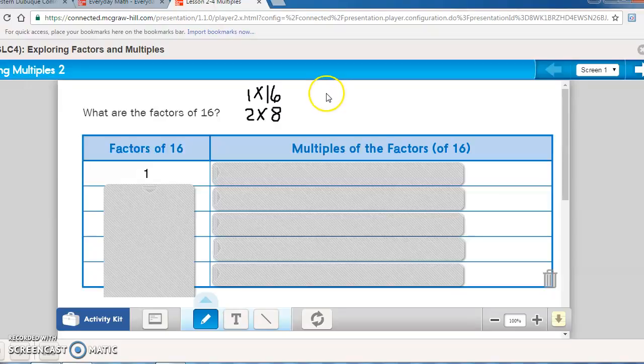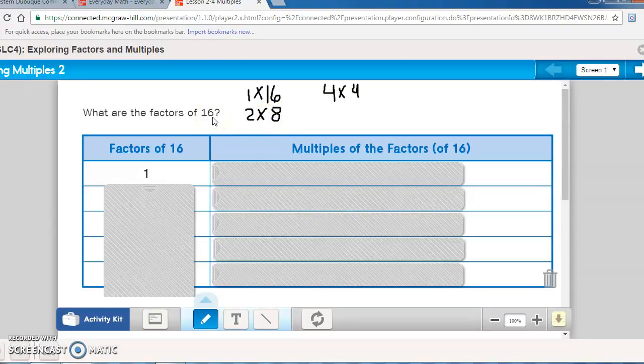3 times 6 is 18. That's too much. 3 times 5 is 15, so that's not enough. So 3 is not an option. 4 times 4 is 16. 5 times nothing ends in a 6. 6 times nothing is 16. 7 times nothing is 16. 8 times 2 is 16.